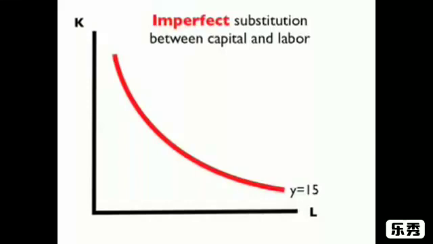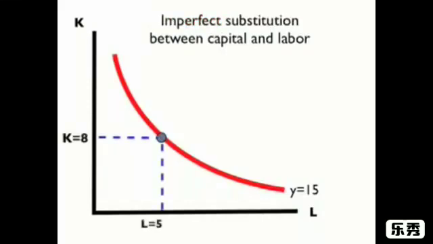So here we have a capital and labor combination that yields a level of output, in this case equal to 15. Now suppose this level of 15 units could be accomplished with either 8 units of capital and 5 units of labor, or 7 units of capital and 8 units of labor.